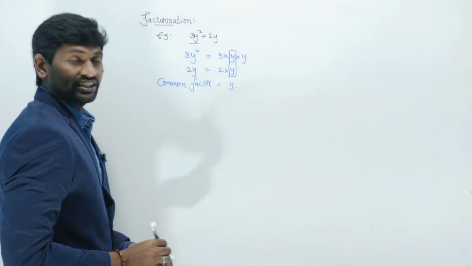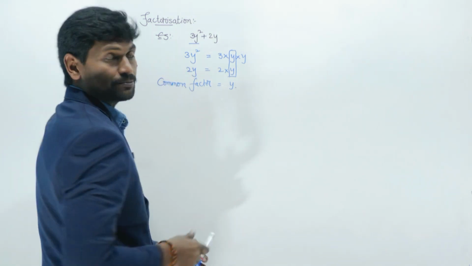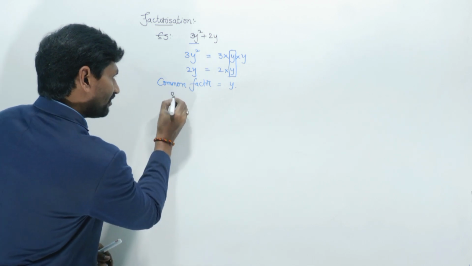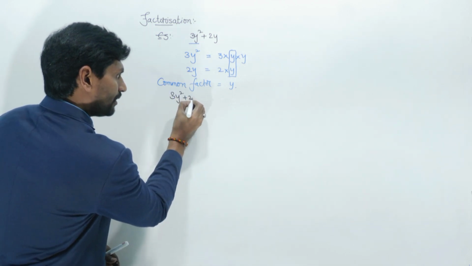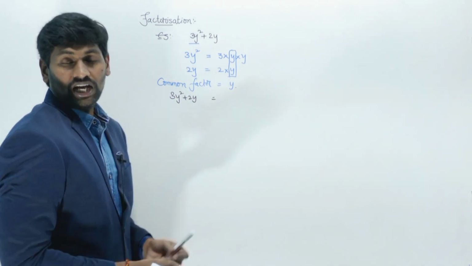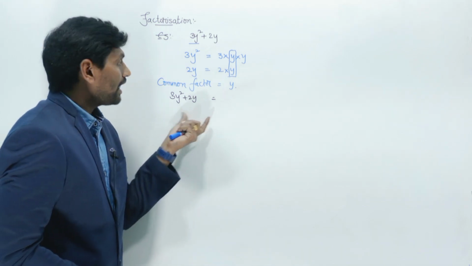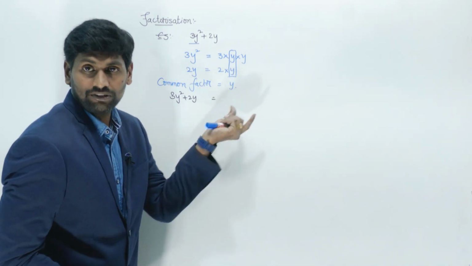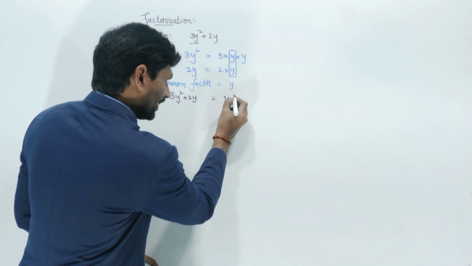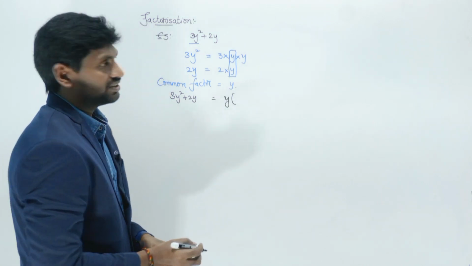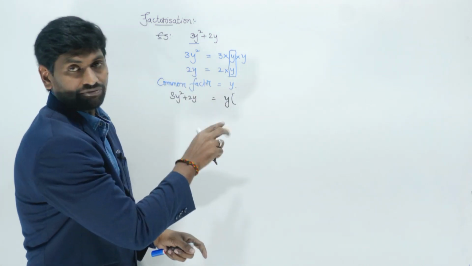Now I take the given expression, 3y square plus 2y, and after writing this I am going to write the common factor first. What is the common factor? y.